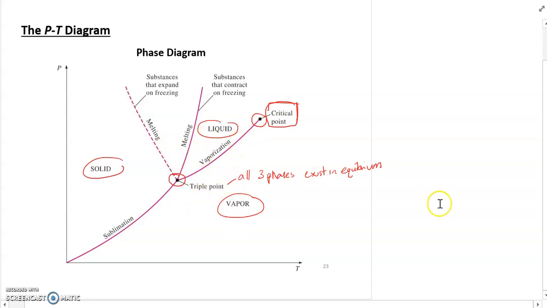Here, I want to show you where you can get the values for the triple point.